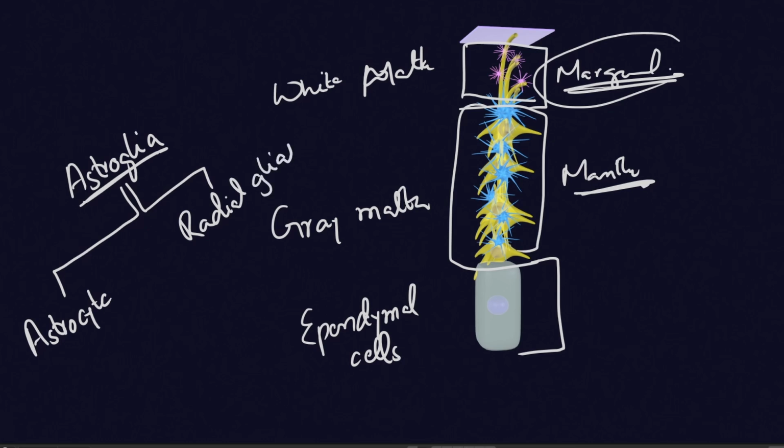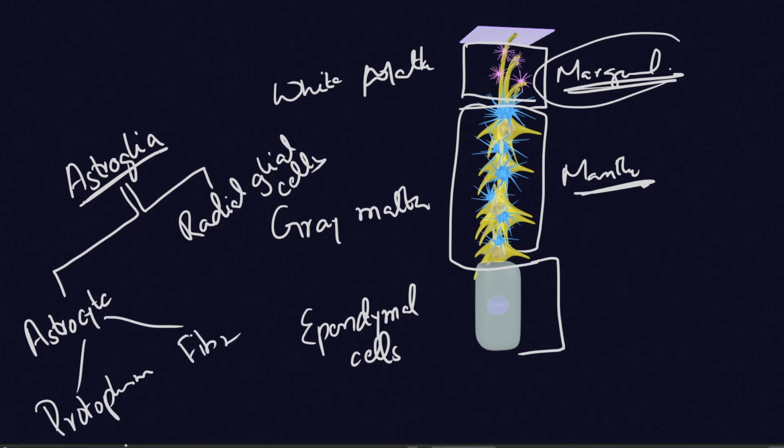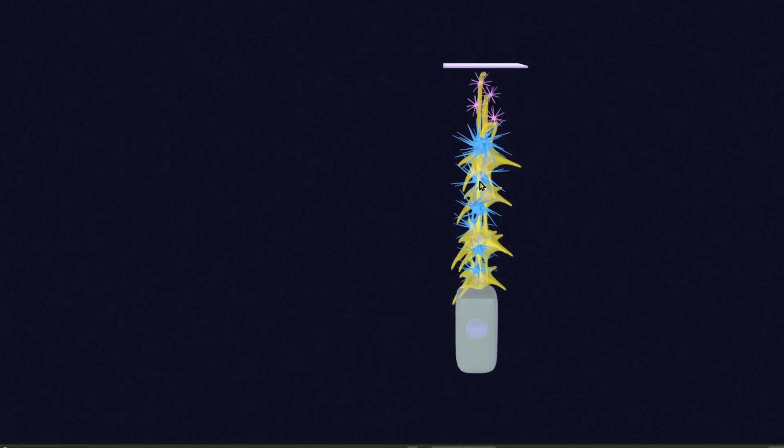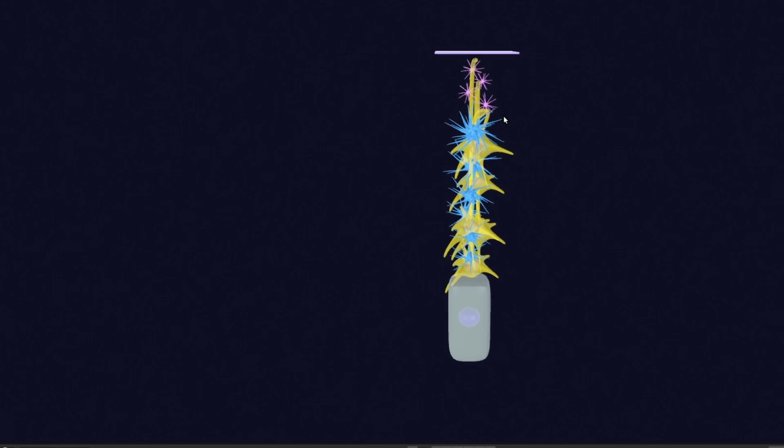And of course, astrocytes have two types, protoplasmic and the other one, I think, fibrous. Anyhow, now let's move forward, and I have been calling this type of glia macroglia.